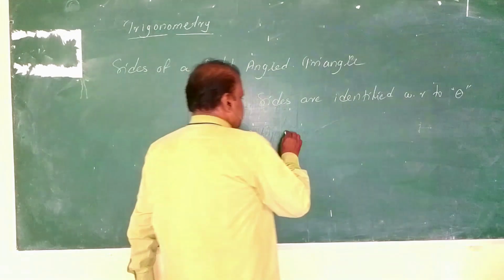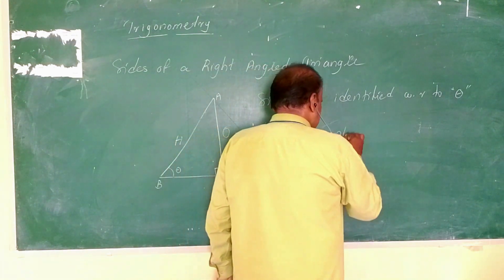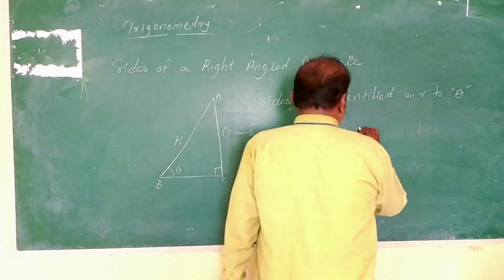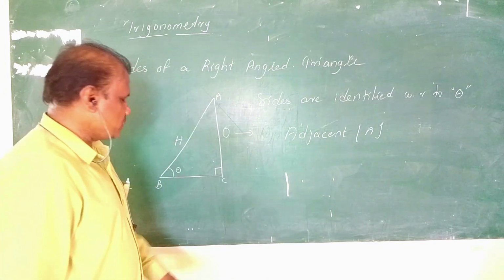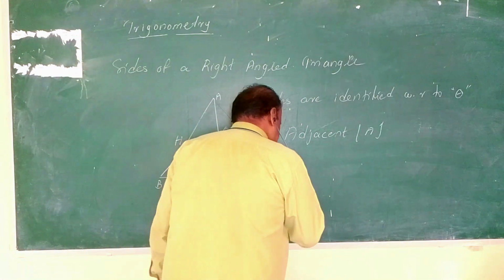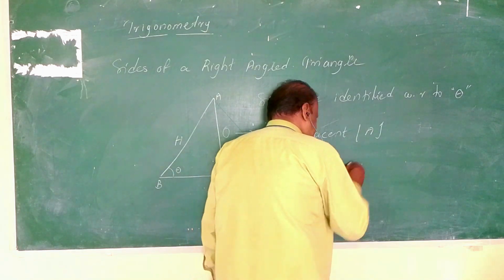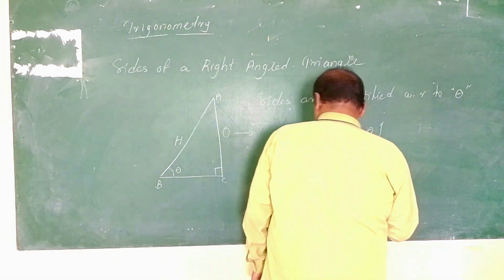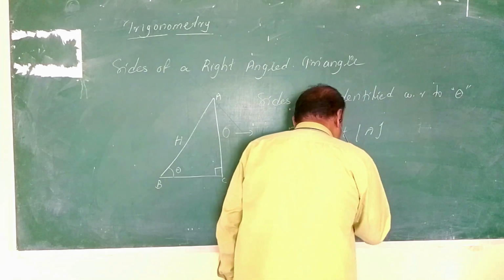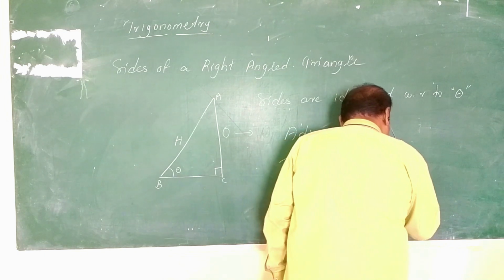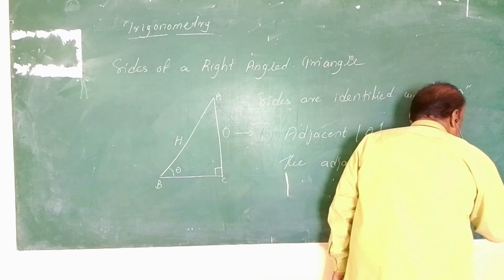The last one, the third side, is called adjacent, capital A. The definition of adjacent is the side of the triangle adjacent to the reference angle.